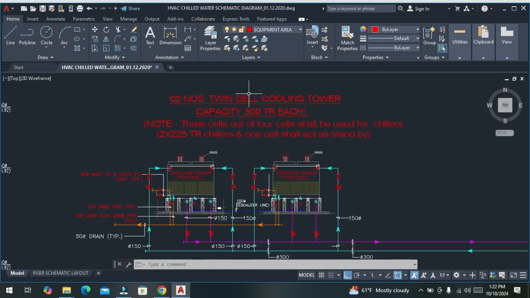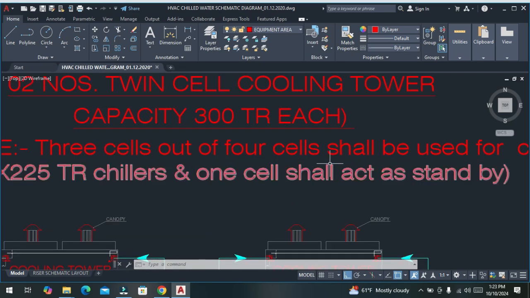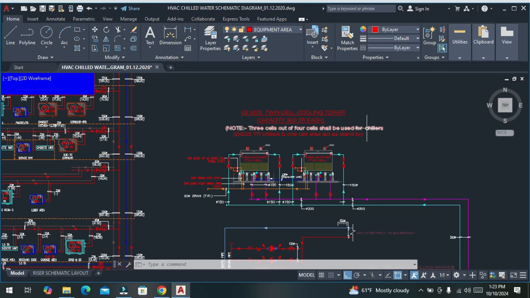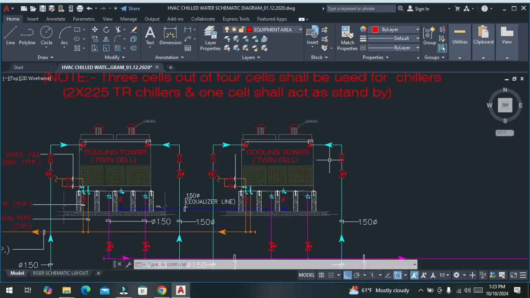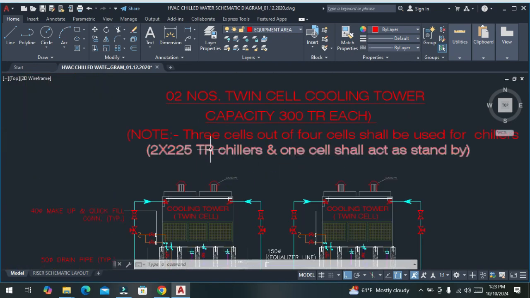Its capacity is 300 TR, tons of refrigeration. 3 cells out of 4 cells shall be used for the chiller. So there are 4 cells, we use 3 cells in normal operation and 1 will be standby.